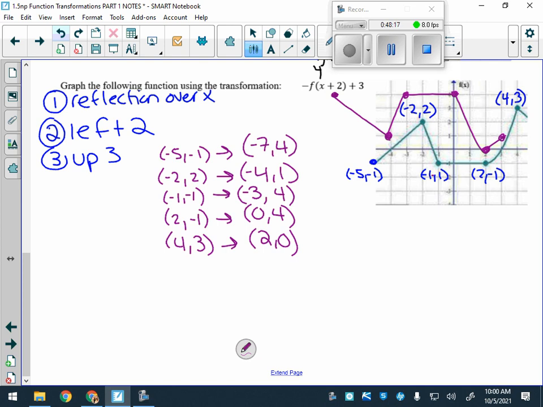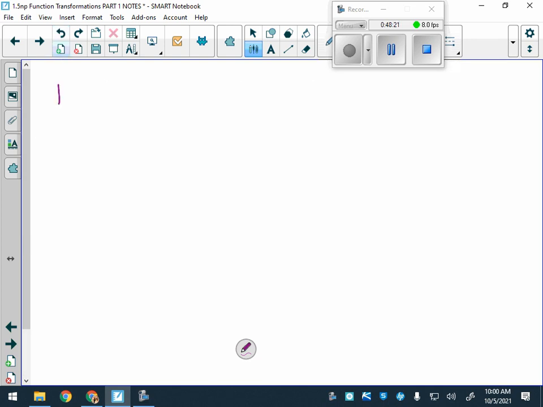All right, on page 13, which is the 1.5 practice, page 13 is 2D, all of 3. Page 14, all of number 4.